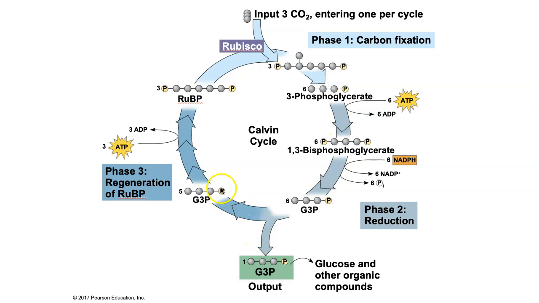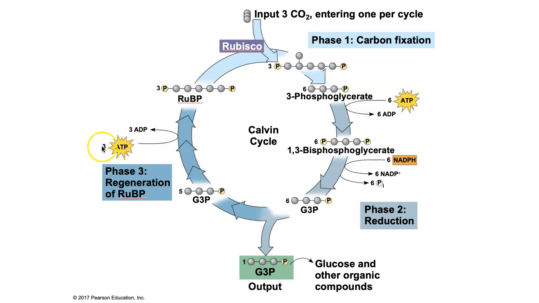So what this does is it allows for the regeneration of RUBP. If we do 3 of these turns, we're going to make one G3P, and we're going to be able to make 3 ribulose bisphosphates from it. So this is the regeneration of RUBP phase.